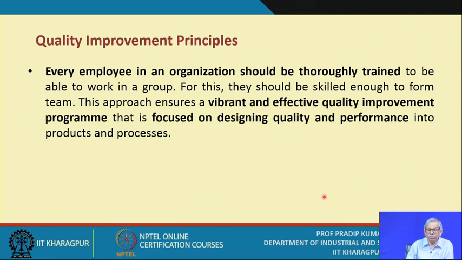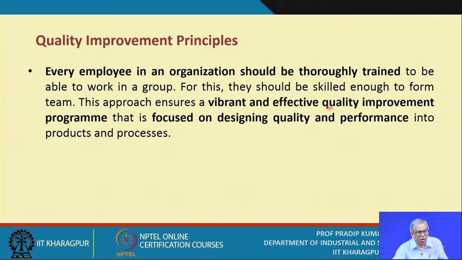This approach ensures a vibrant and effective quality improvement program that is focused on designing quality performance into products and processes. So these are the 4 action steps. These 4 action steps are essential for designing quality, for maintaining quality and for improving quality.